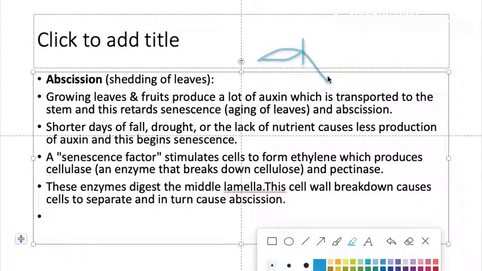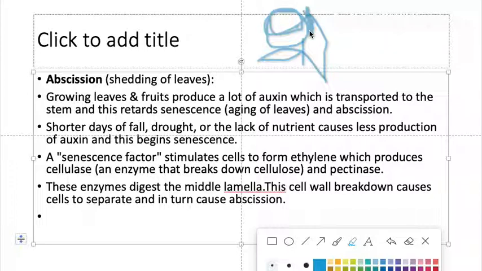Before the leaves fall, there should be aging of the leaves, and also the leaves should detach from the main plant body, isn't it? Even with fruits, when they are ripe, there should be a region of abscission, or an abscission zone, which means a zone where the part of the leaf or the fruit detaches itself from the plant.